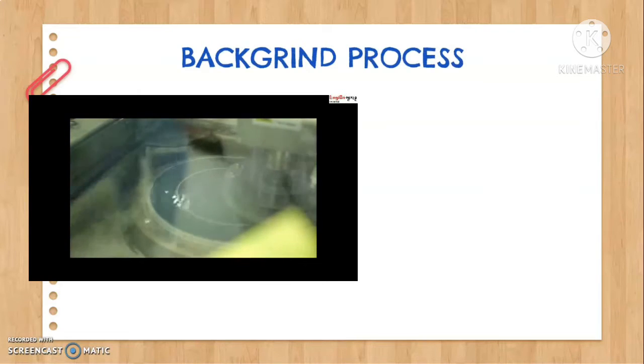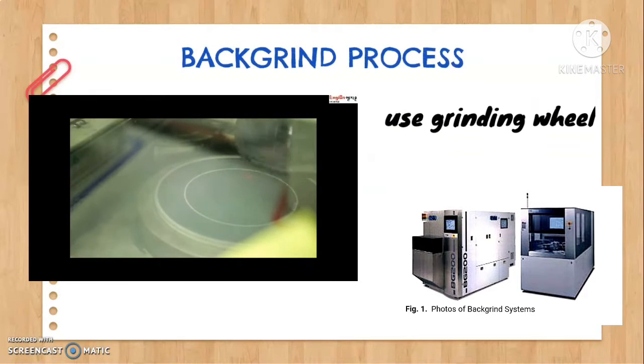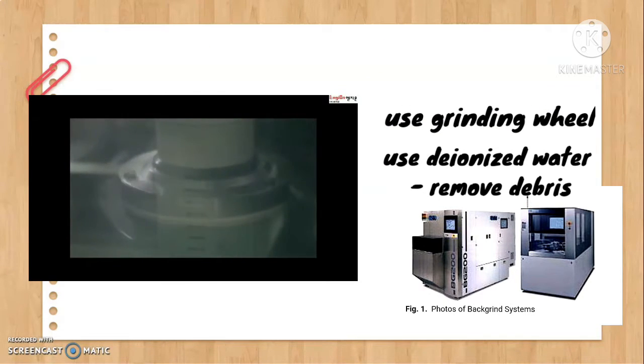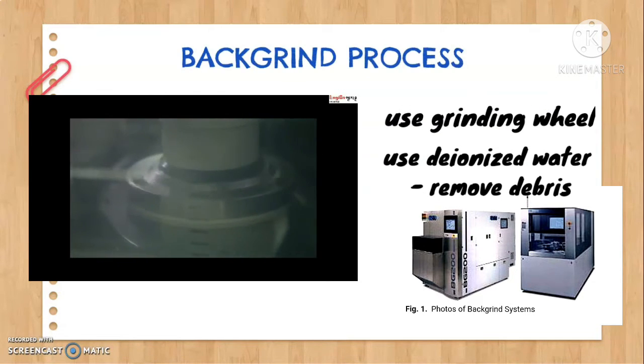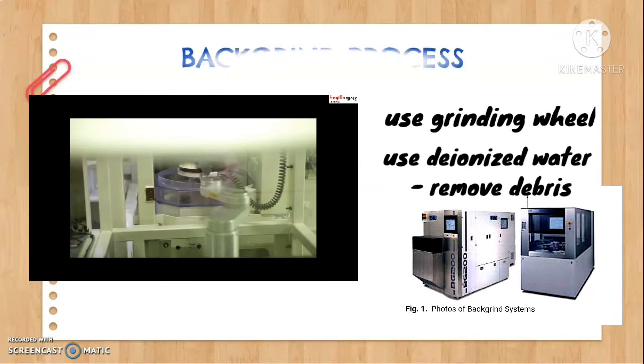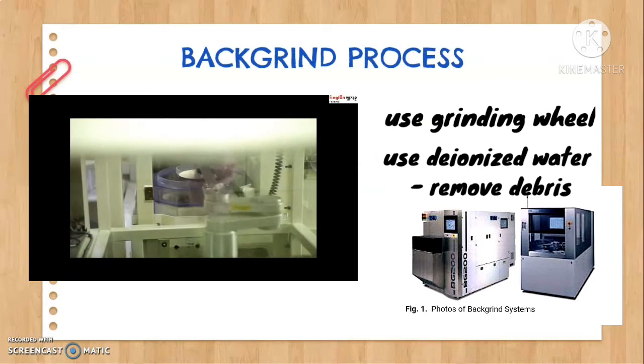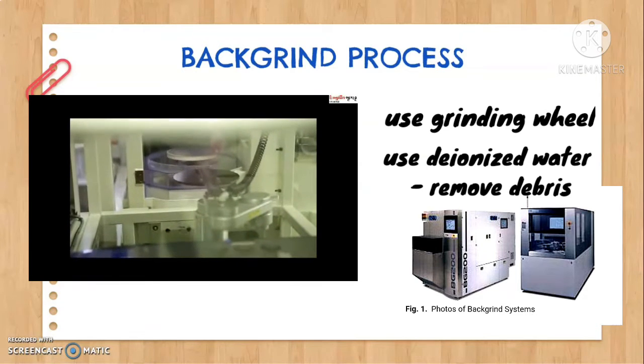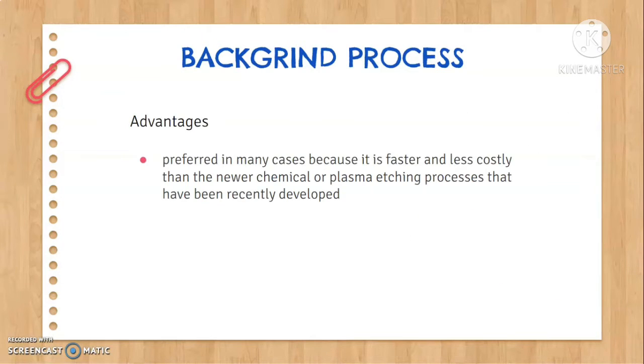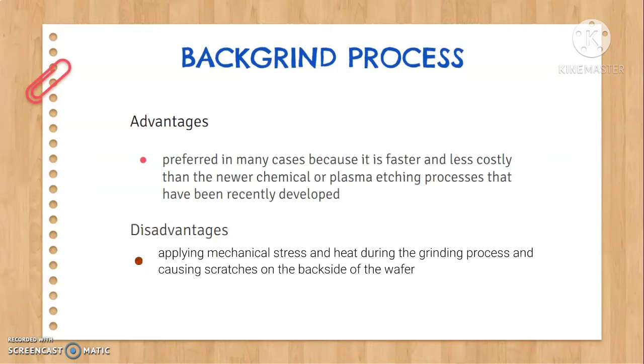Wafers normally undergo a cleaning and surface lamination process prior to the actual backgrinding process. The backgrinding process is automatically accomplished by a grinding wheel. To remove debris from the wafer while backgrinding, the wafer is usually washed continuously with deionized water. Backgrinding is preferred in many cases because it is faster and less costly than the newer chemical or plasma etching processes that have been recently developed.